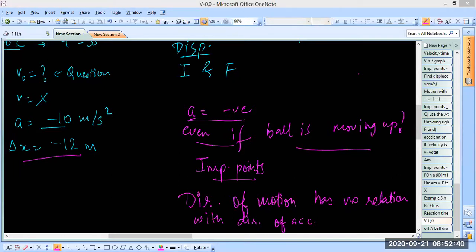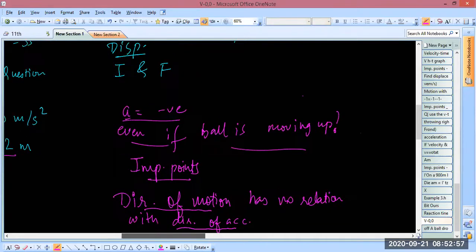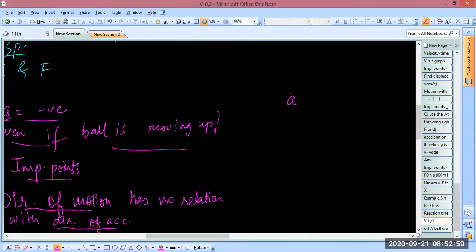Second thing, some of you have said that the ball is moving opposite to ground. That is wrong. Again, direction of motion has nothing to do with direction of acceleration. This acceleration is due to gravity, right?